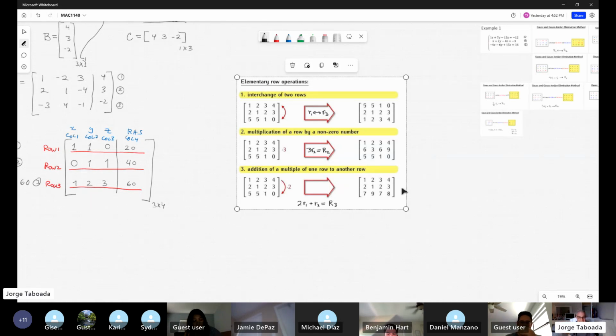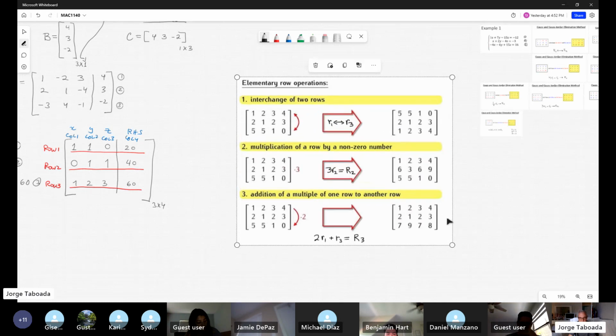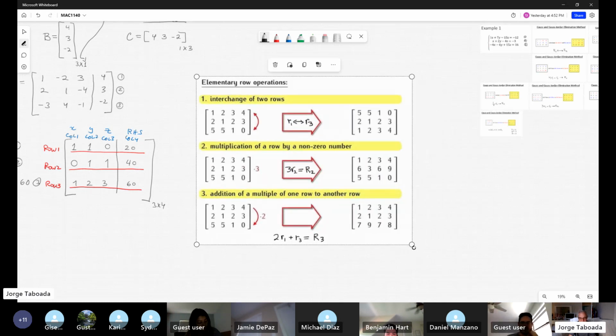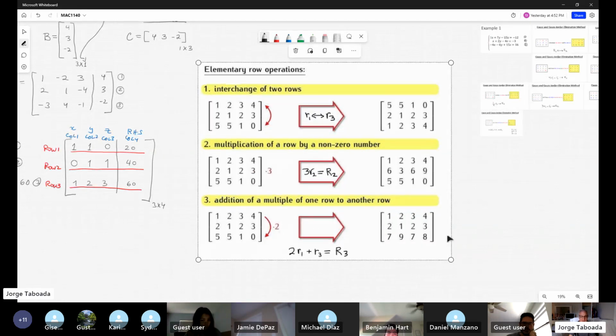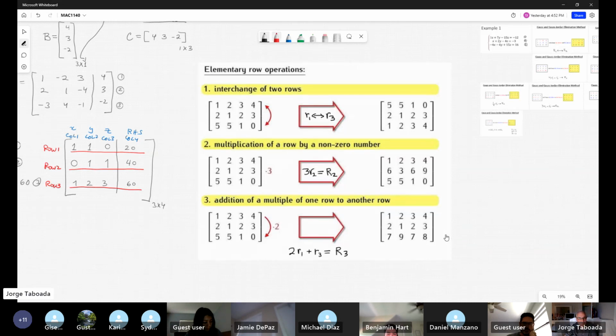Basically we have three kinds of row operation. You see it's similar to what we did before in the elimination method. The first row operation is to interchange two rows. Of course you can, because it's a permutation of equations.